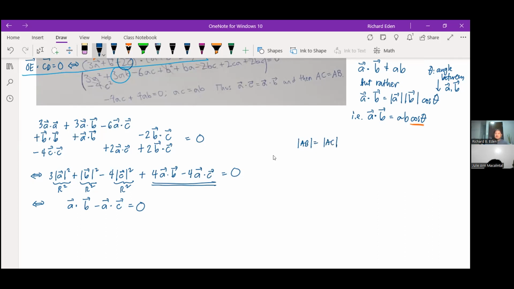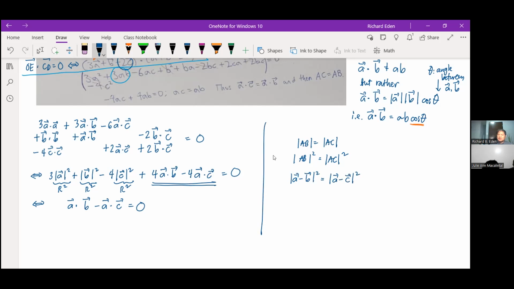Also, in terms of the length, so this means the square. And then the length of segment AB is the same as the length of vector A minus B, and then this is A minus C. All right.